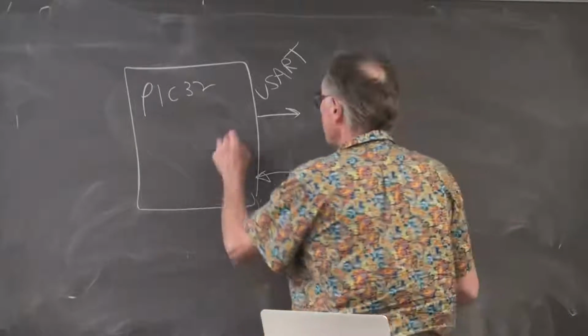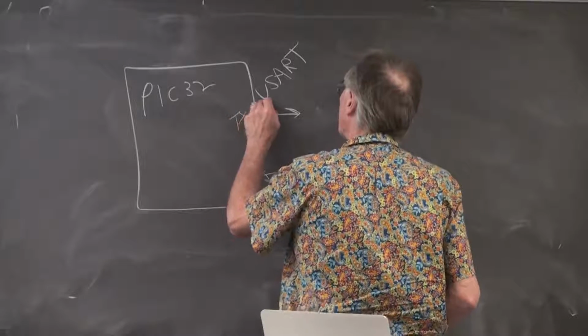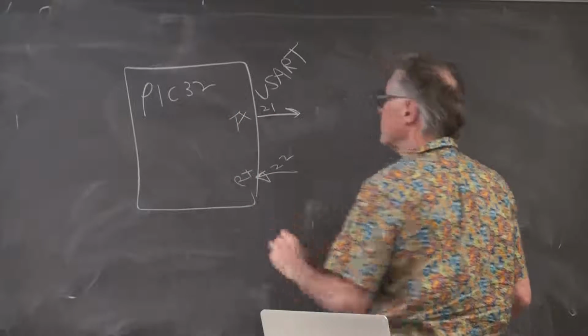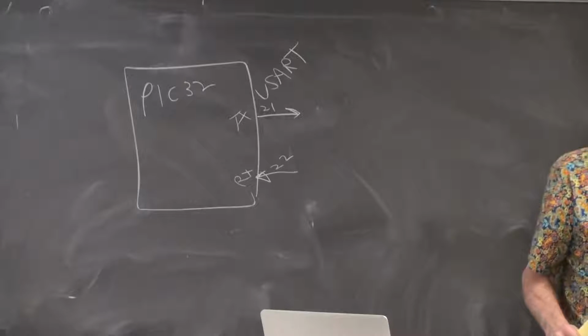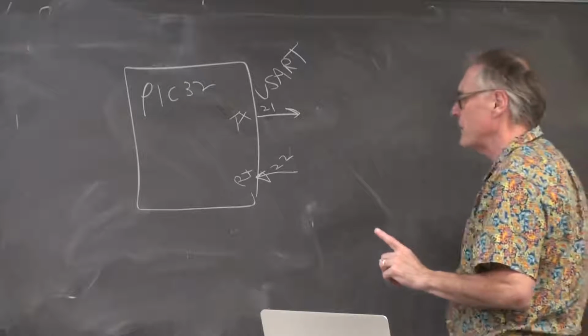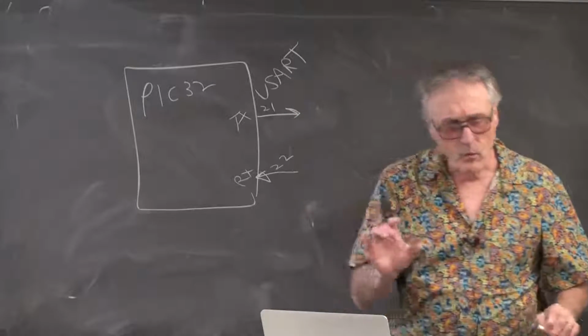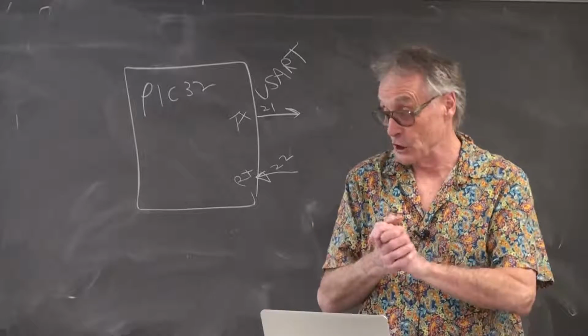So there's going to be a TX pin, which is pin 21, and an RX pin, which is pin 22. There's actually a pair of pins, and those are all on PPS, but pins 21 and 22 are special.